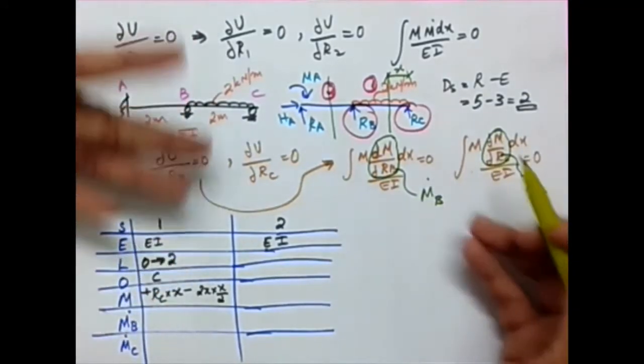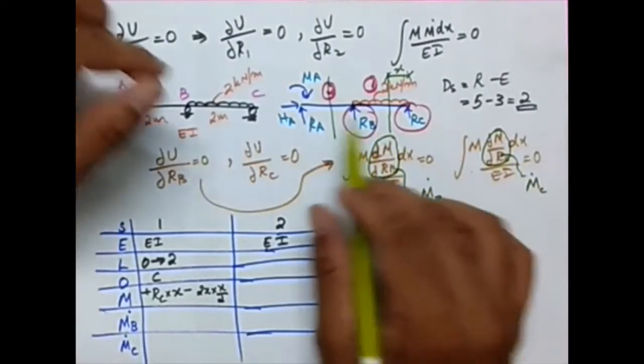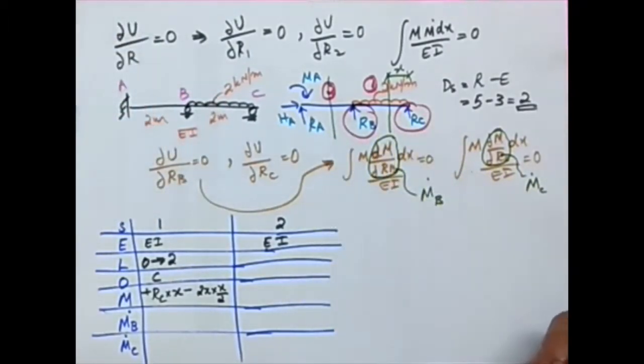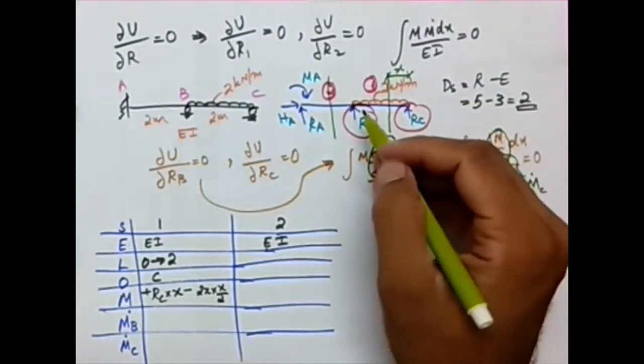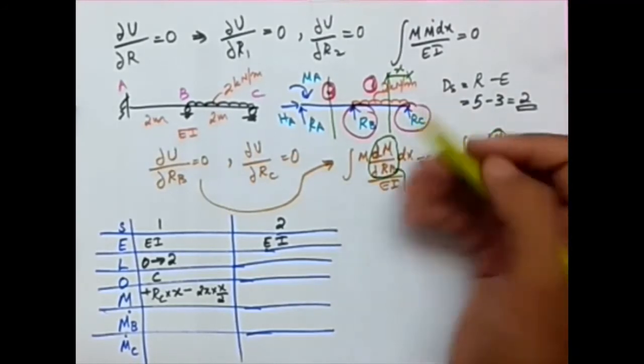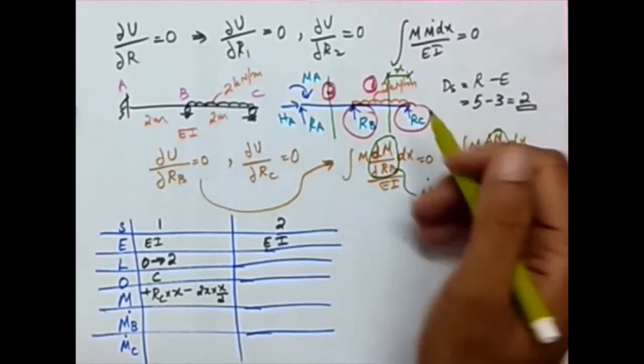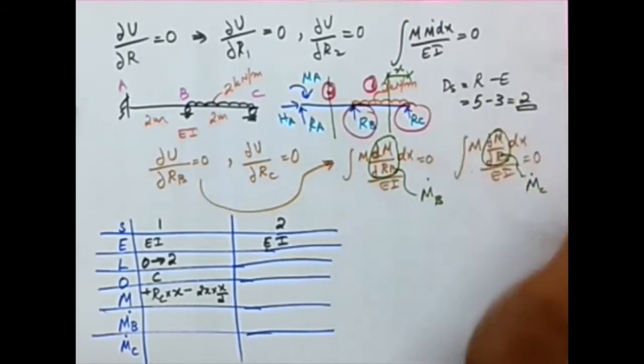Either you solve for it and then look to the left, or else you directly look to the right. If you are looking to the right, which should be considered as the origin? That's our choice. I can consider either B as origin or C as origin, whichever is okay. So let's consider C as the origin, just for a change. Even if you take B as the origin, no problem.